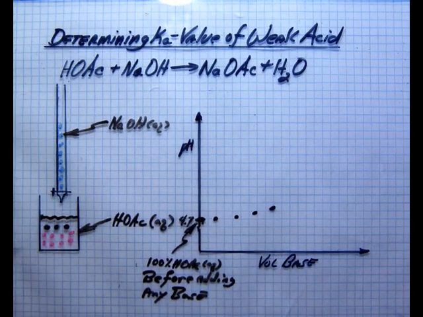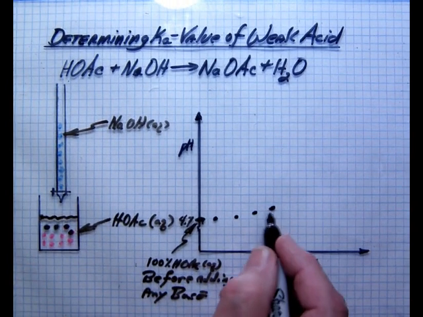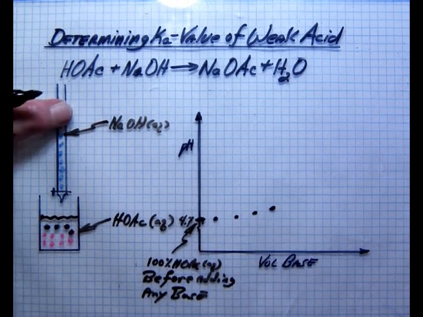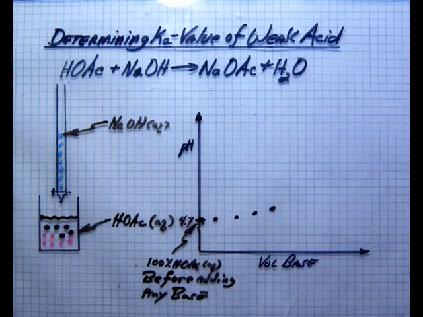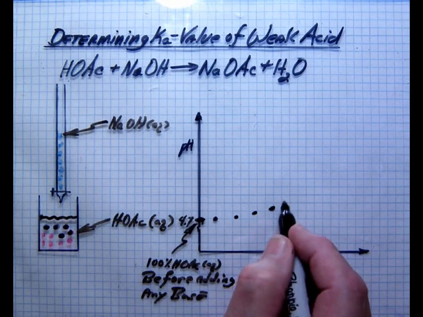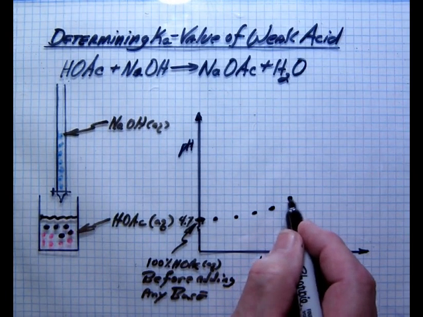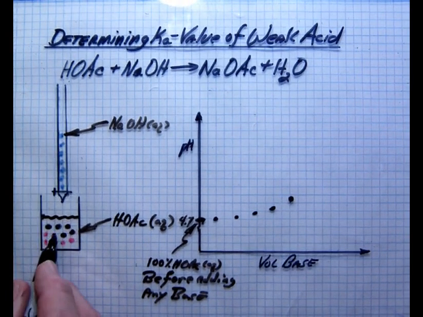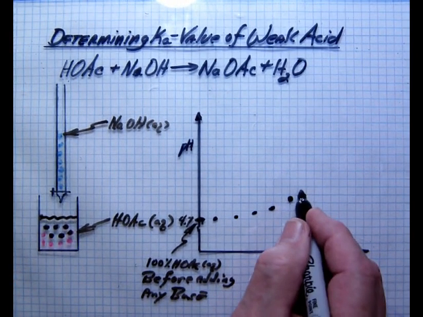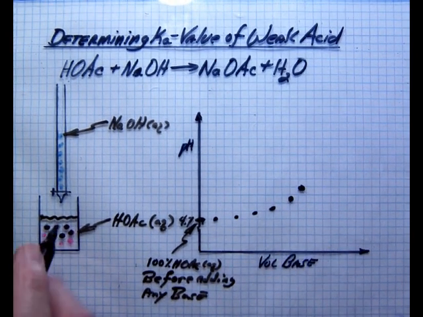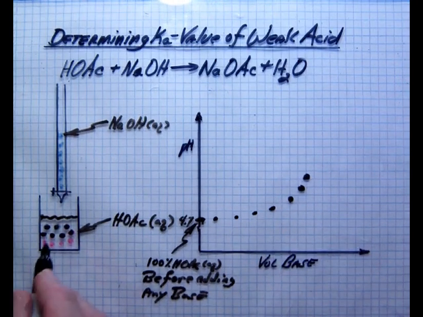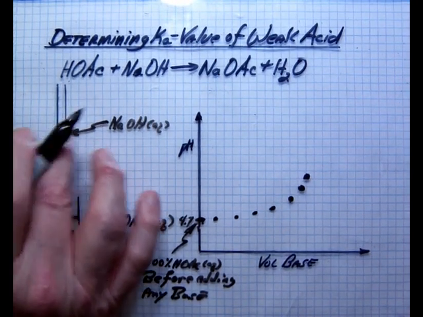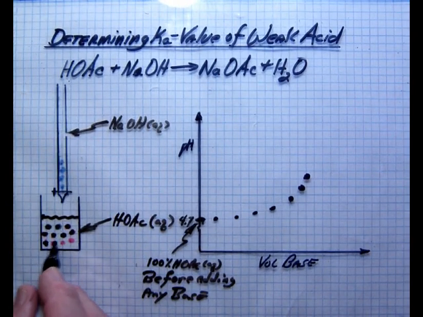As we add more, we neutralize more, and we get closer to a basic pH. And we add more, we neutralize more of the acid. And so we come down in here, and we keep going right in here, and then at some point we start moving through the equivalence point, so we're almost neutralizing.